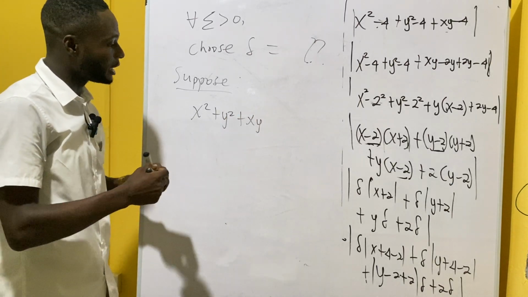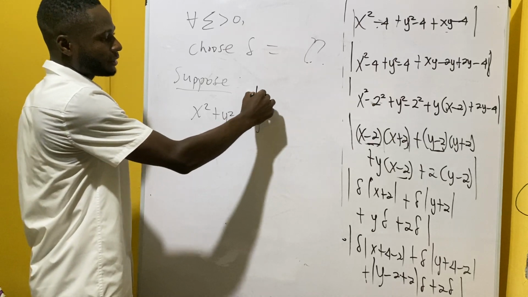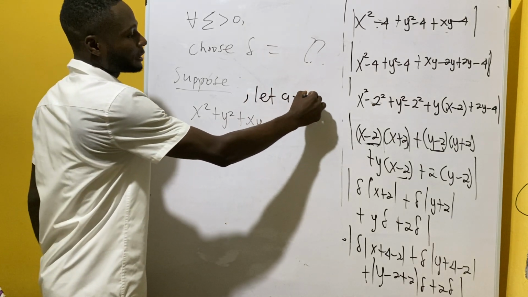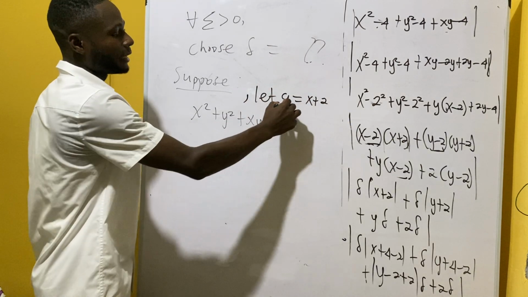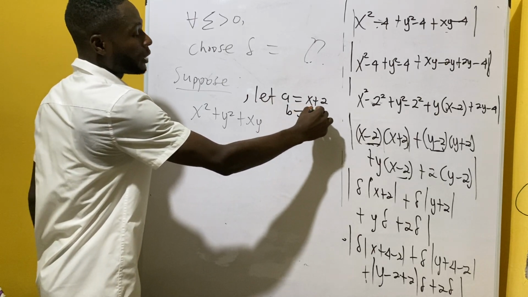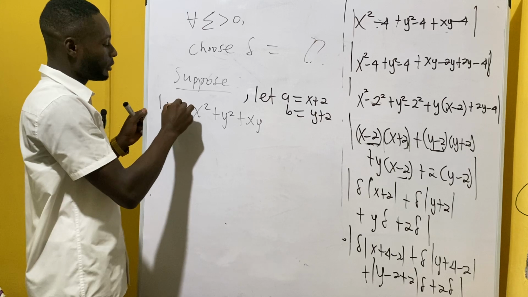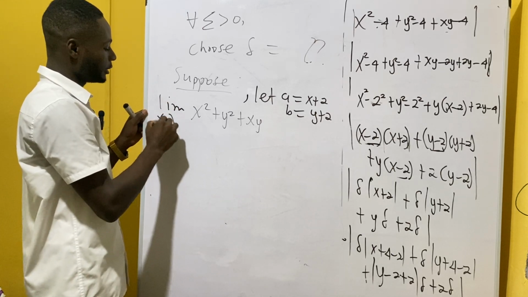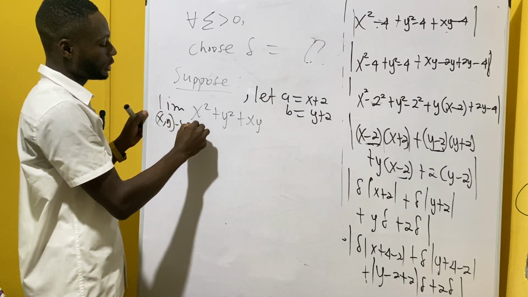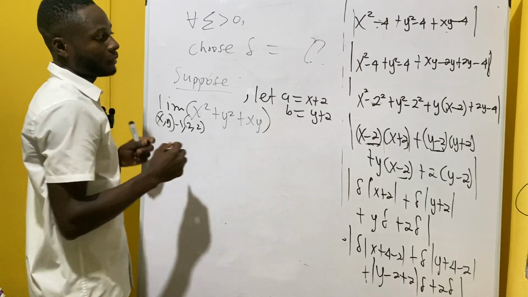We can assume that we should let a equals x plus 2, right? And then b equals y plus 2, because the limit was lim of x and y approaches 2 and 2, right?